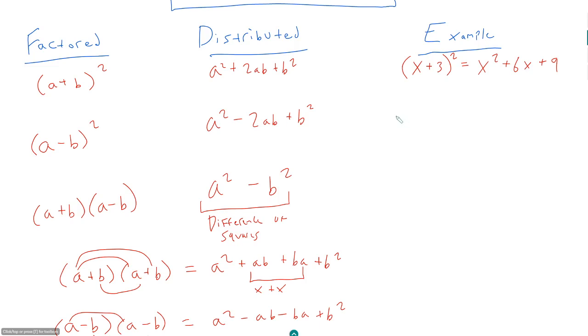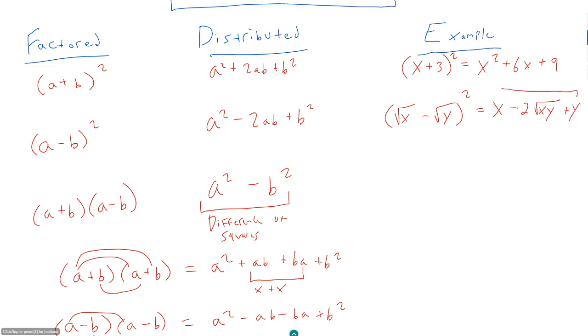So you might have something like the square root of x minus the square root of y, squared. And so what would this be? In this case, our a squared would be square root of x times square root of x, which is just x. So this would be x minus 2 times the square root of xy plus y.